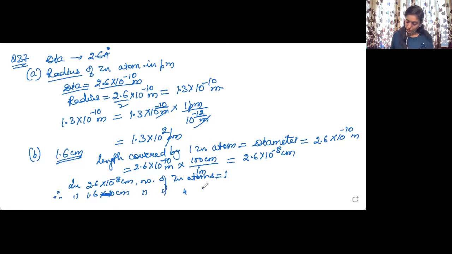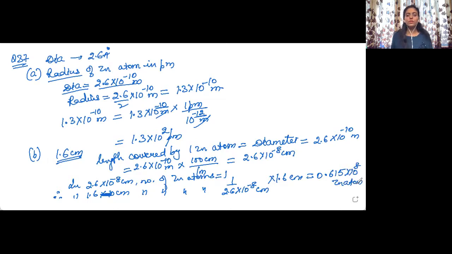Number of zinc atoms will be equal to 1 upon 2.6 into 10 raised to the power minus 8 centimeter multiplied by 1.6 centimeter. So this will come out to be equal to 1.6 divided by 2.6 equal to 0.615 into 10 raised to the power 8 zinc atoms.